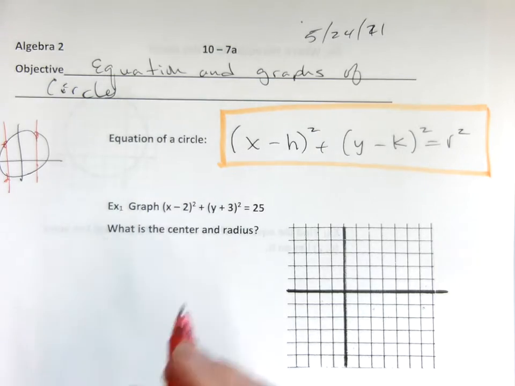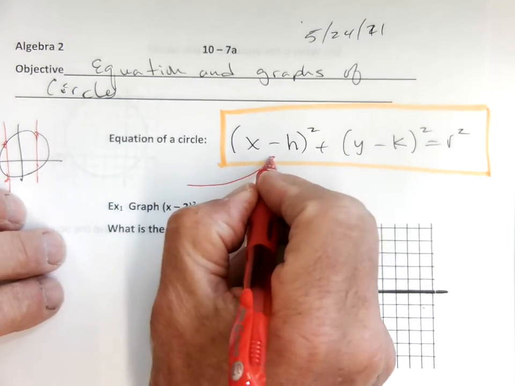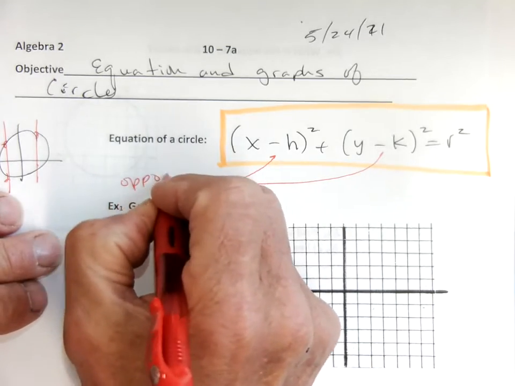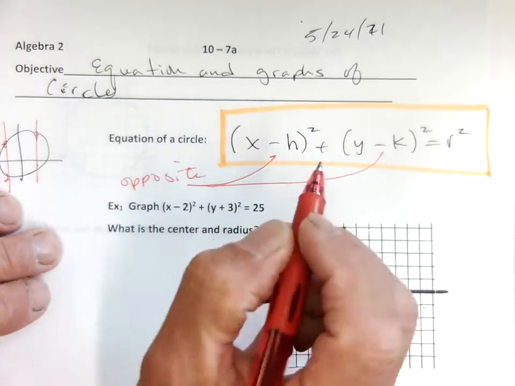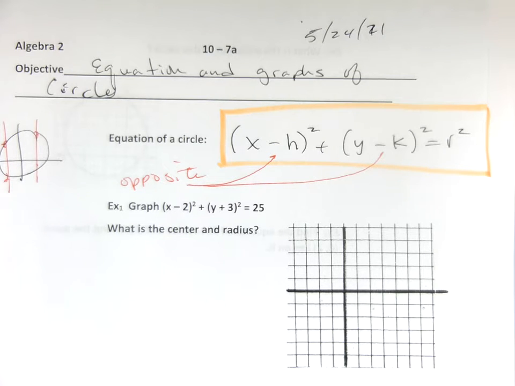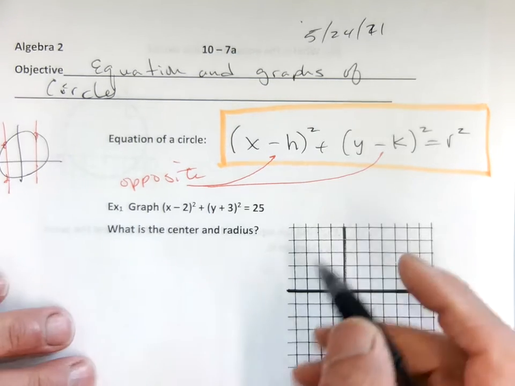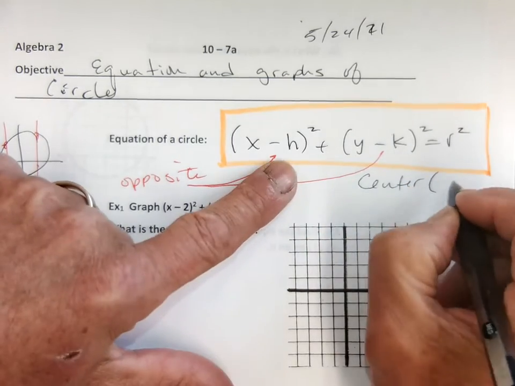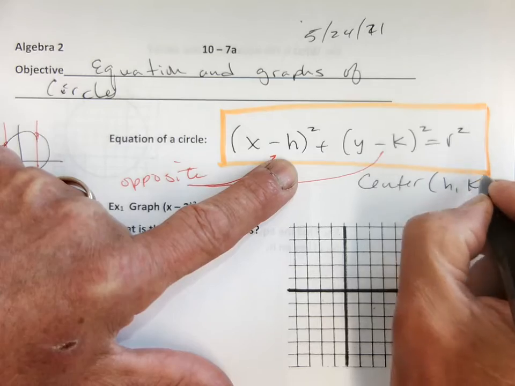Now, what we've learned in math is that minus means opposite. So x minus h really means just the opposite of whatever it is. So the center of my circle is at this value h, comma, k, all right?